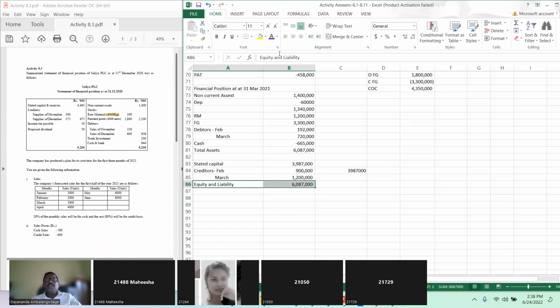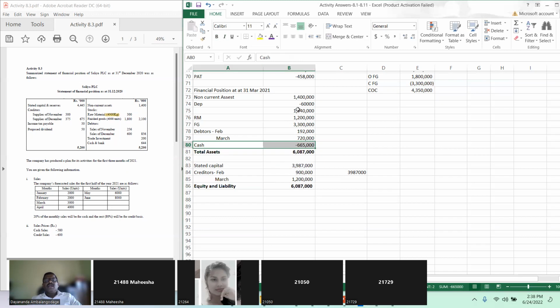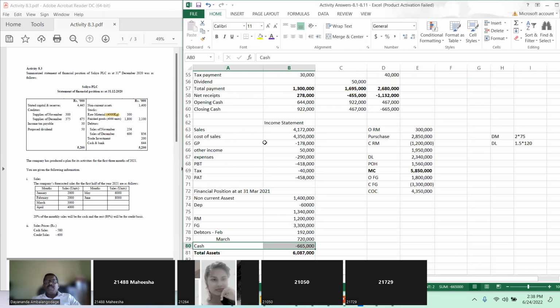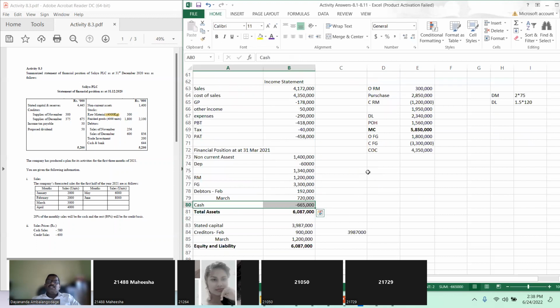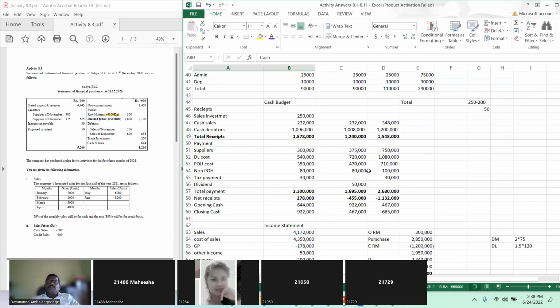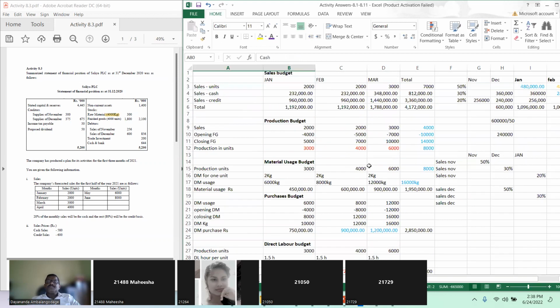So your total equity is equal to total liability. But here remember the cash data is abnormal since it's getting a negative GP. Normally we don't get a negative GP in a business, but that's all about the calculations.